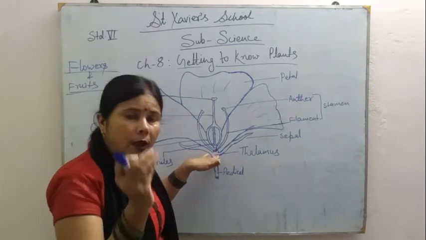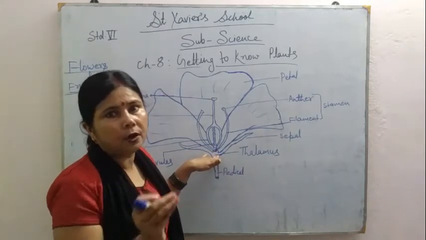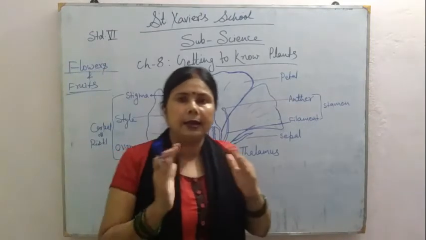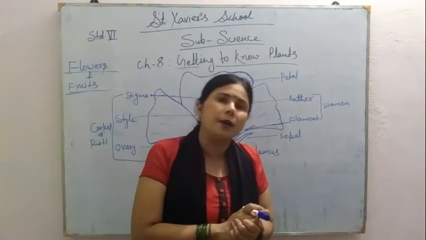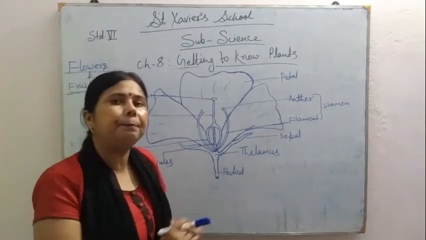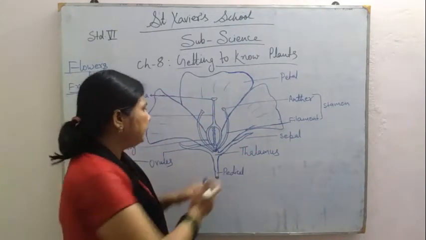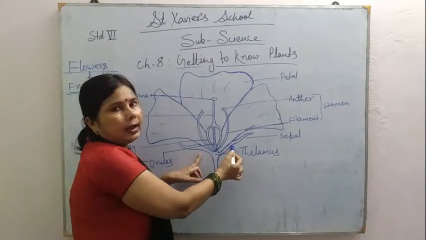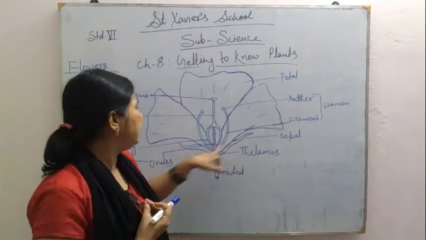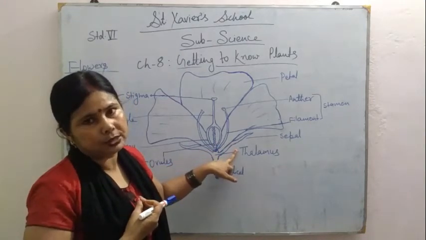And on the upper part of the thalamus, different parts of a flower are arranged in a ring or a whorl. So you can see there, these are the different parts of the flower, and at the base there are leaf-like structures, green leaf-like structures.